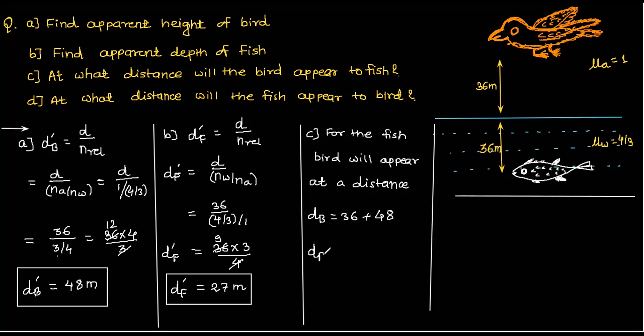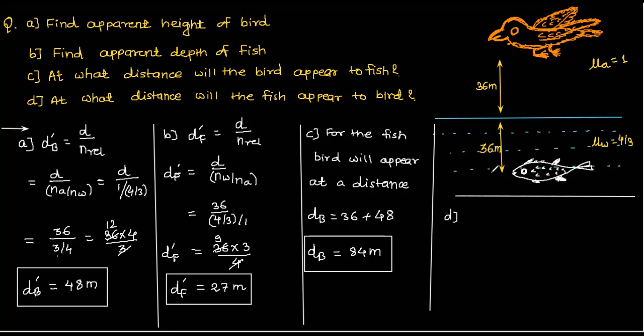So distance of bird from the fish is equal to 84 meter. So this fish will feel that the bird is very far, so happily he will enjoy inside the water, but suddenly the bird will come down and eat the fish, right or wrong? Understand?